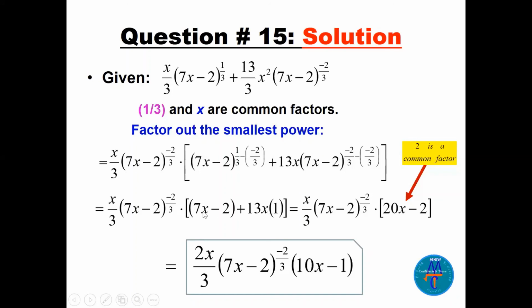So what is that? 7x, 13x, 20x minus 2. See, 2 is a common factor here. So take 2 out. It will be 2x over 3, 7x minus 2 to the power minus 2 over 3. In the bracket, we have 10x minus 1 when you take 2 out.